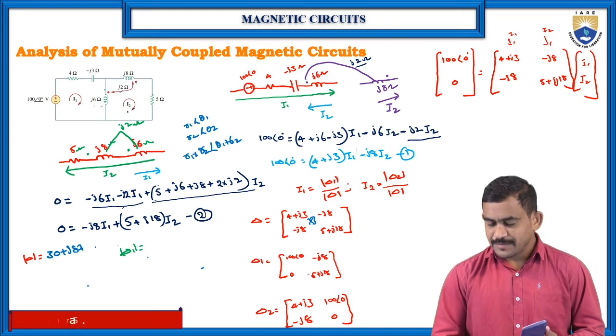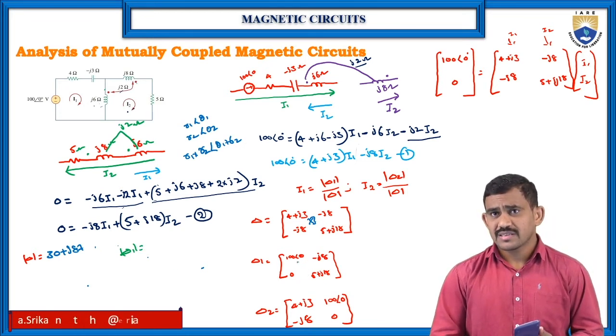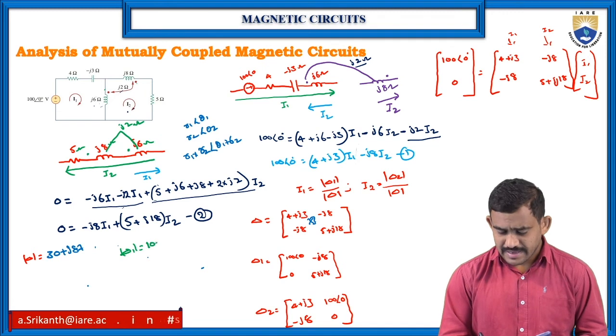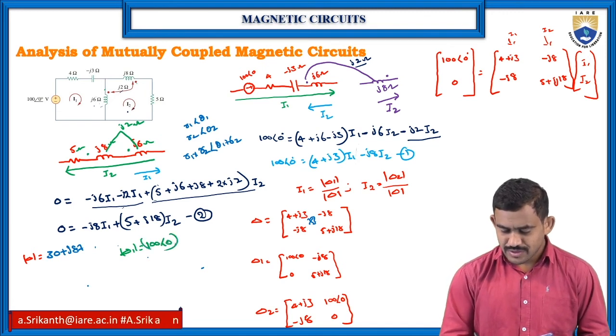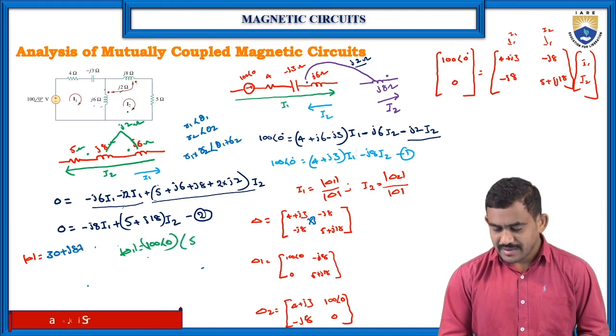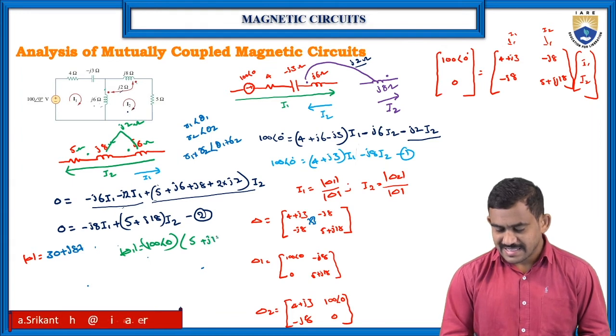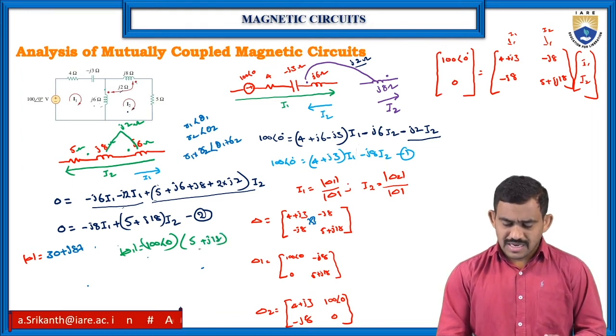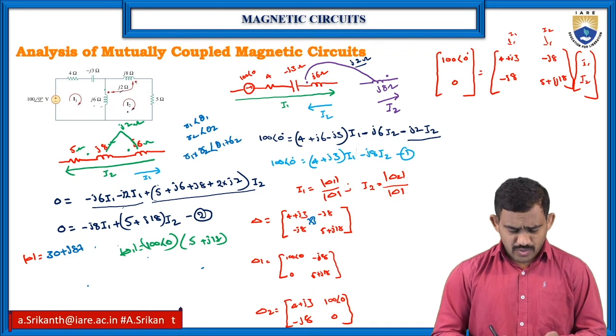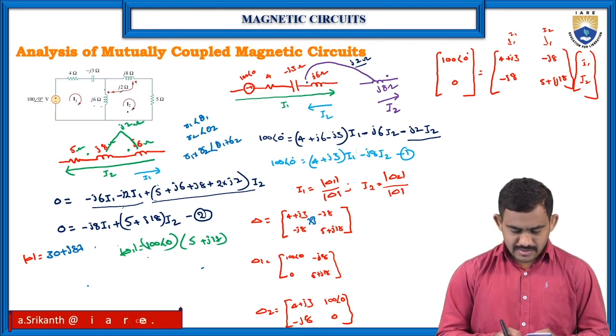So cross multiply. Here we have 0, so no need to worry about that. Cross multiply 100 angle 0 into 5 plus j18. Just convert 5 plus j18 into polar form. We'll get the direct answer 5 comma 18.